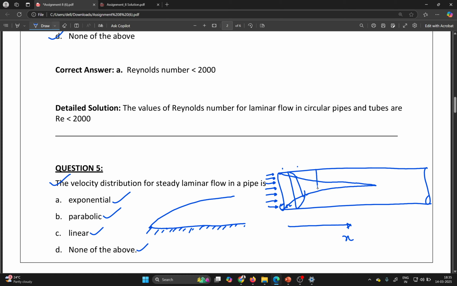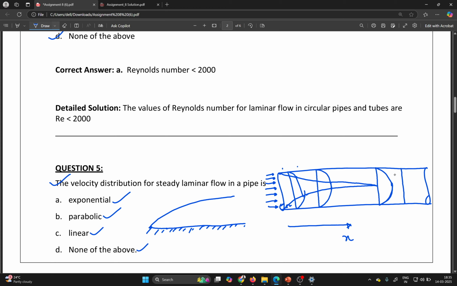Here also it varies up to this much, and this will be constant. From here up to this point the velocity varies, and from this side also it varies like that. There is actually no constant line like that.